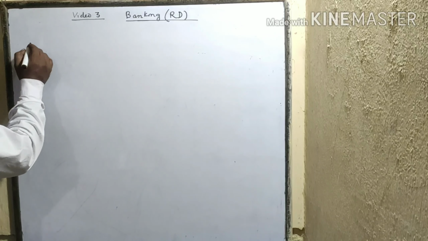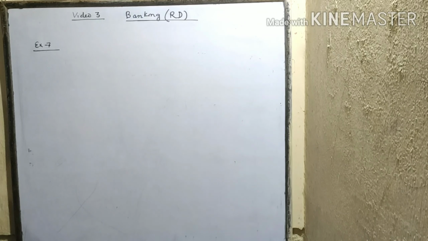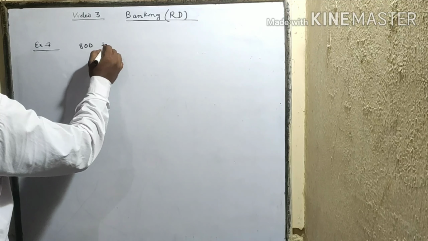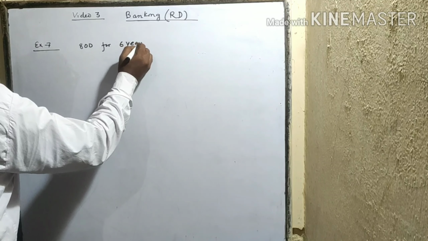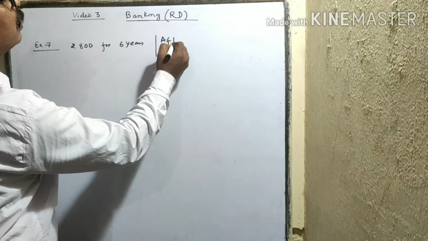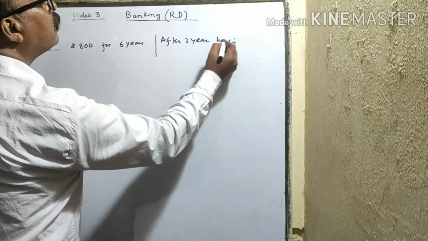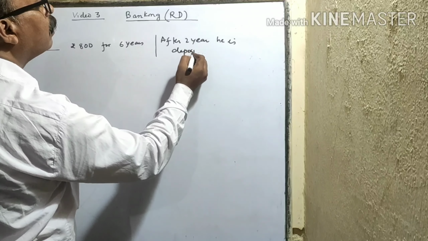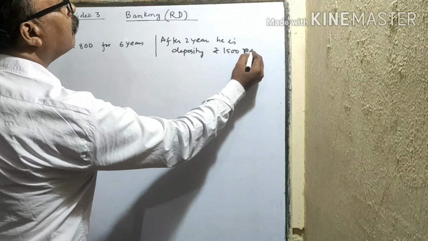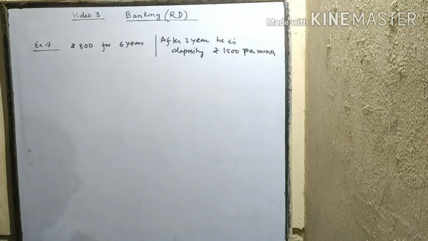Next example is example number 7, where a person is depositing money. He is depositing 800 rupees for 6 years, and after 2 years he is depositing rupees 1500 per month, and rate of interest for both the cases is given.